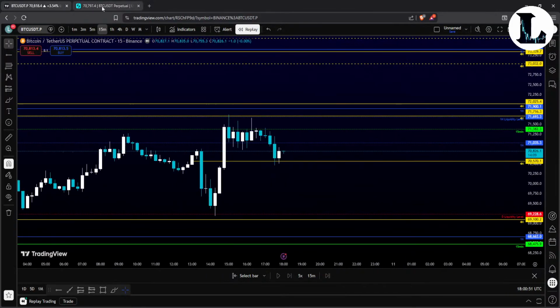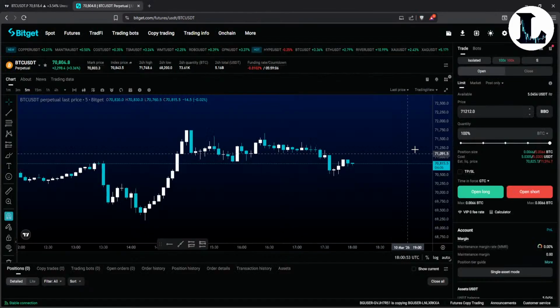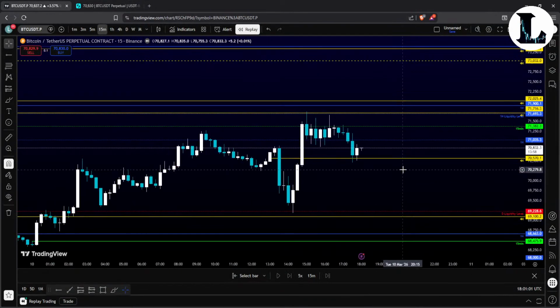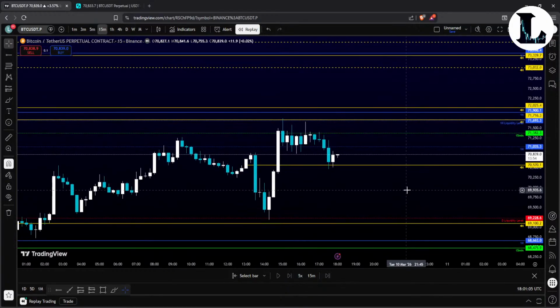All right, guys, so just for you to understand, 100 leverage on Bitcoin is really simple. A 1% move is 100% profit or loss.